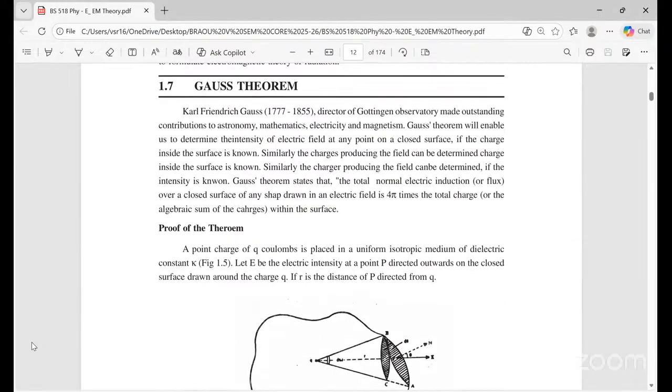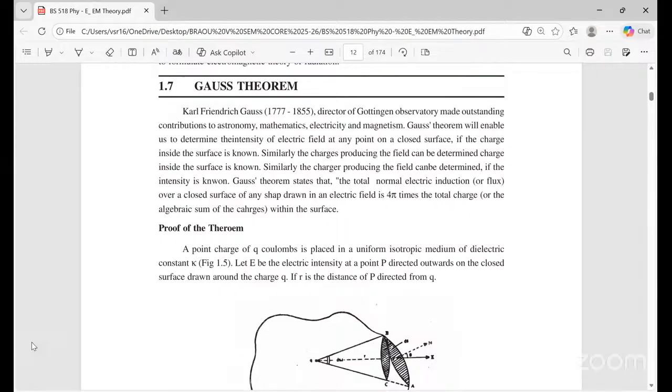This is the Gauss theorem. A little bit you should know that Carl Friedrich Gauss was the director of the Gottingen Observatory and made outstanding contributions to different fields. What are those? Astronomy, mathematics, electricity, magnetism. Okay.